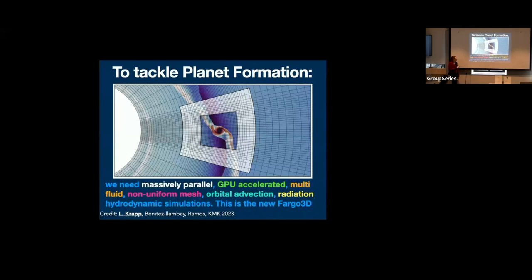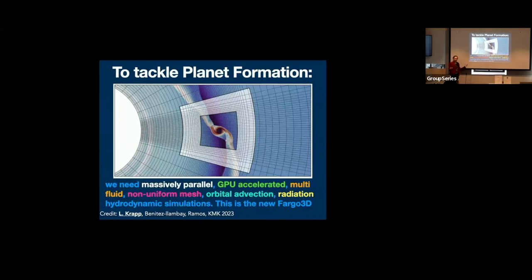One of the long-standing tricks in the field of planet formation is to take all the advantages of a Eulerian grid code, where you can do a great job resolving shocks, but take care of the timescale problem associated with Keplerian orbital rotation.